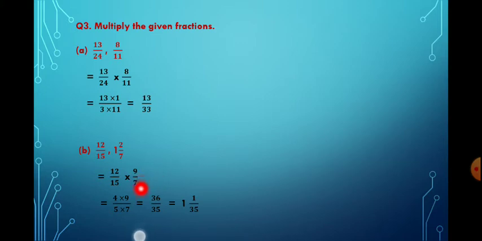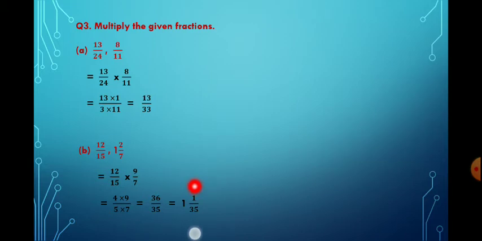Here we have also cancelled 12 and 15. So 3 4s are 12 and 3 5s are 15. Further cancellation is not possible. So here we are going to write 4 multiplied by 9 divided by 5 multiplied by 7, which is equal to 36/35. Since it's an improper fraction, we can convert this into a mixed fraction, that is 1 1/35.